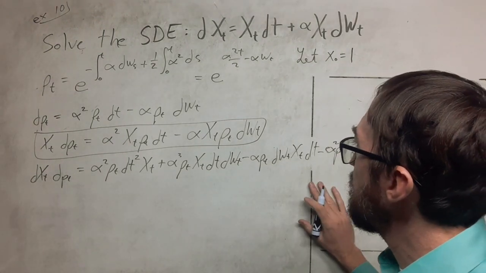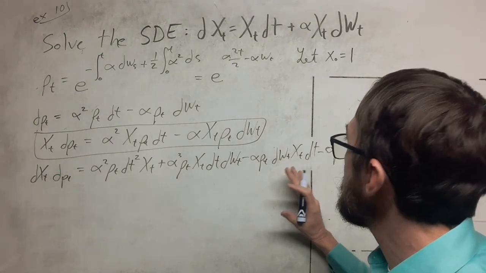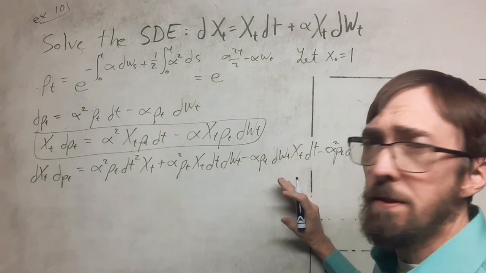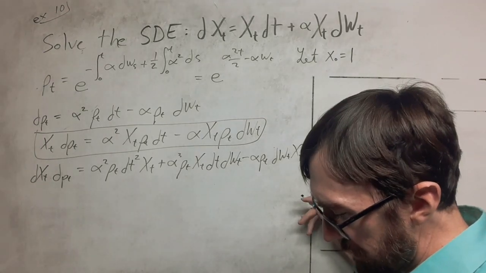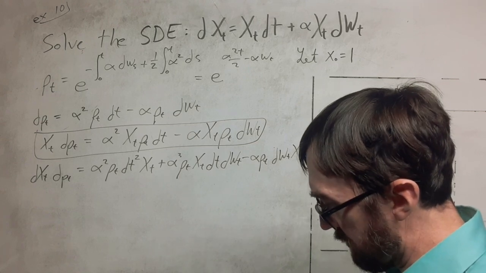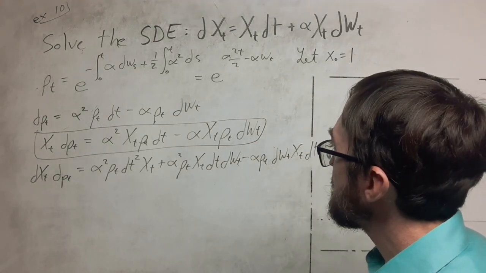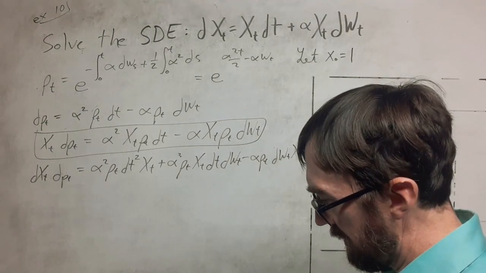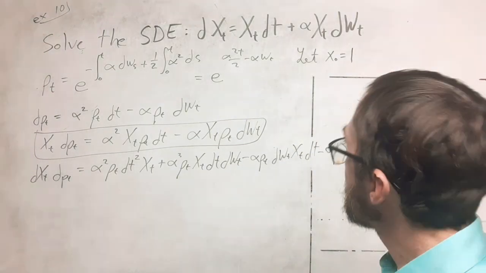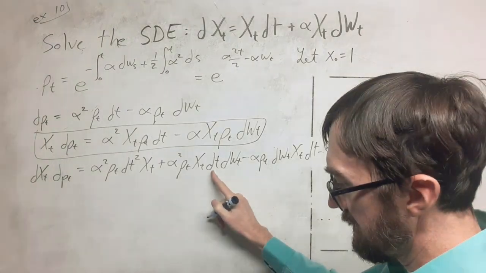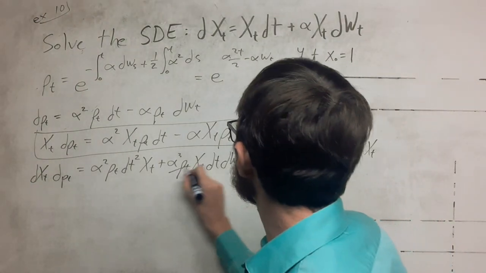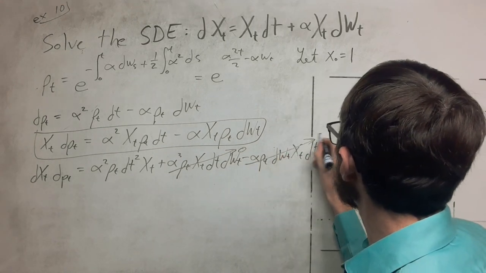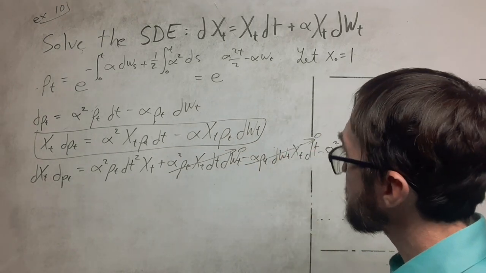If you go back and watch, there's actually two earlier videos that I could find in the series that reference this. I also asked the question because I didn't recall that, so I asked a question and got some help on that. The dt dW goes to 0, so this term right here is going to go to 0, and this term right here is going to go to 0.